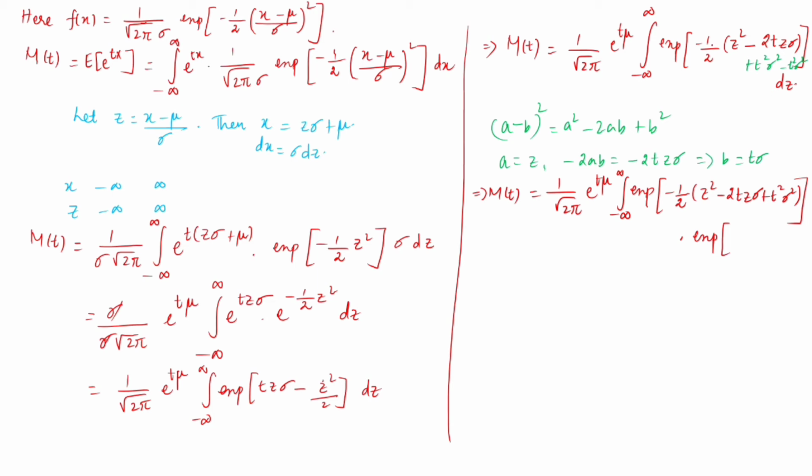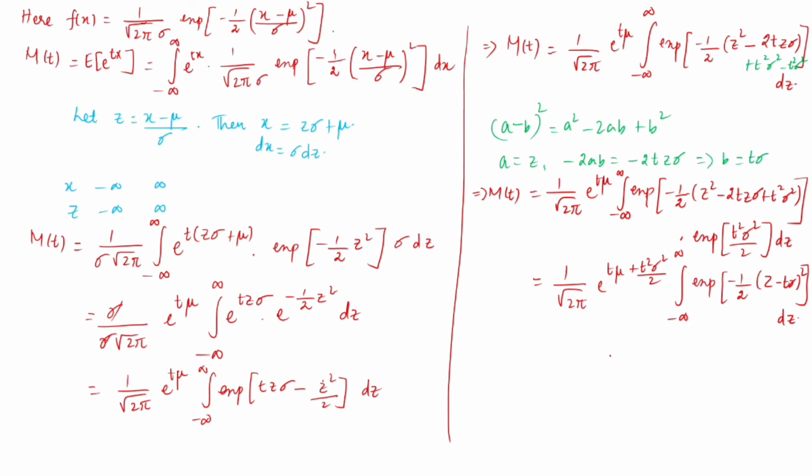Here we have minus, again here we have minus, so it is simply t square sigma square upon 2 and dz. Now it is again independent of z, so we take that also outside. So it is 1 upon under root 2 pi e to the power t mu plus t square sigma square upon 2 from minus infinity to infinity exponential of minus half times of z minus t sigma whole square dz.